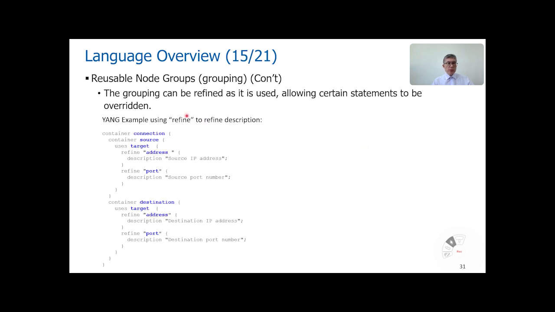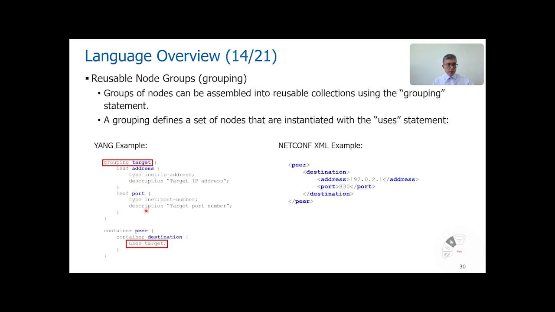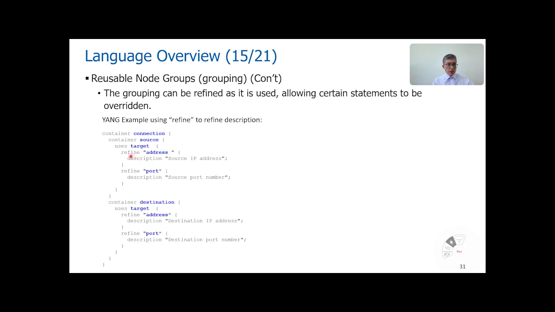So here, the grouping can be defined, allowing the so-called refine statement to override it, using refine. So here, the connection has a source and a target address instance, and we use a target here, address and port here, and in the use case we can define a refine command on the address and port. The description can be specified clearly as source IP address, source port number.